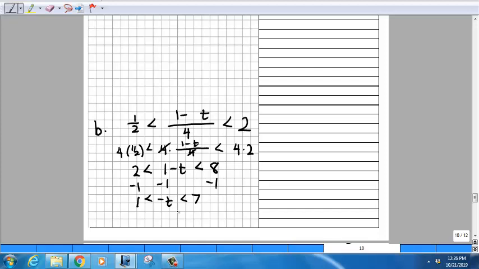Almost got it, because I want t in the middle, but I have minus t. So how can I get rid of that negative sign? Divide by what? Well, 1 won't do it, but close.